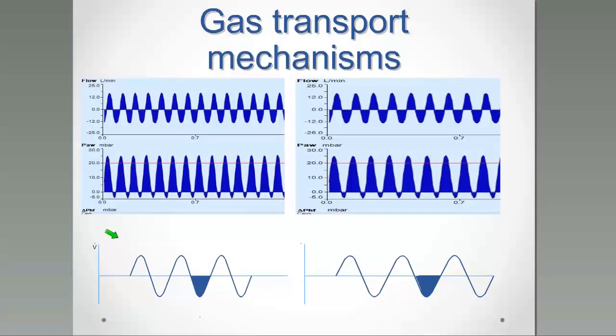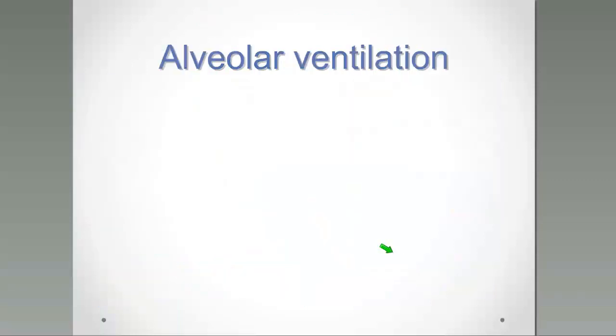And you can see here a wave representation of the flow and pressure. If we decrease the frequency, then the area of the flow is higher, so the generation of tidal volume is going to be higher. This is the main reason why during high frequency ventilation, when we decrease the frequency, we improve alveolar ventilation.